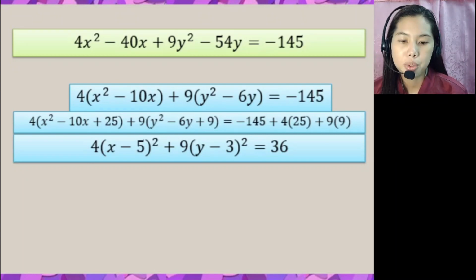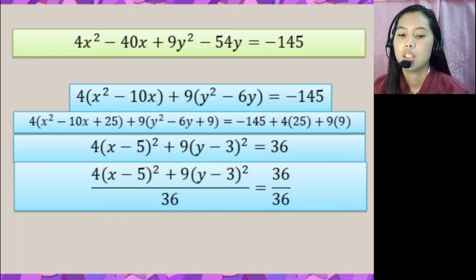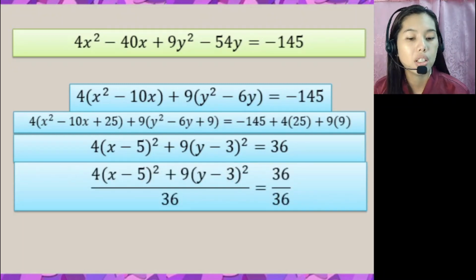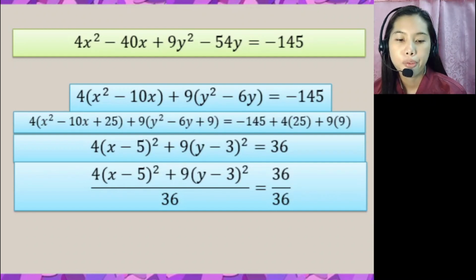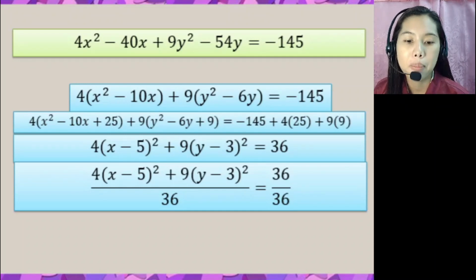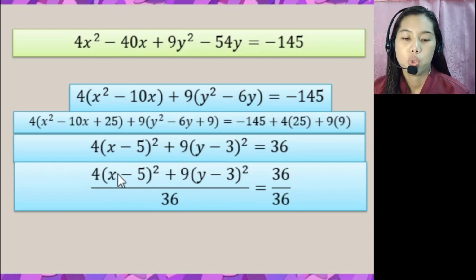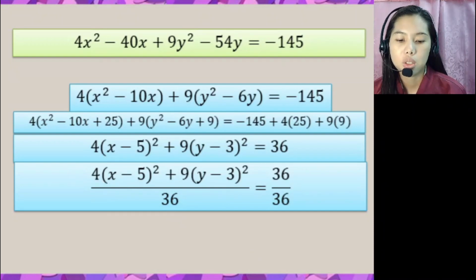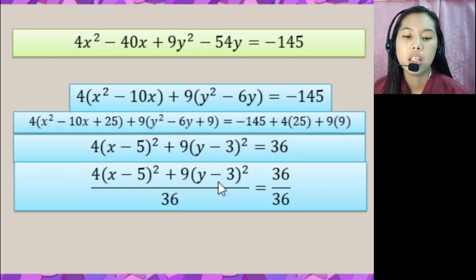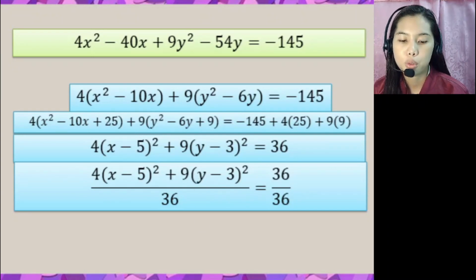Afterwards, divide both sides by 36 to make it a standard form, because the right side is always equivalent to 1. So we have 4 times quantity x minus 5 squared all over 36 plus 9 times quantity y minus 3 squared all over 36 equals 36 over 36. So 4 and 36, it becomes 9, right? And then 9 and 36, it becomes 4.